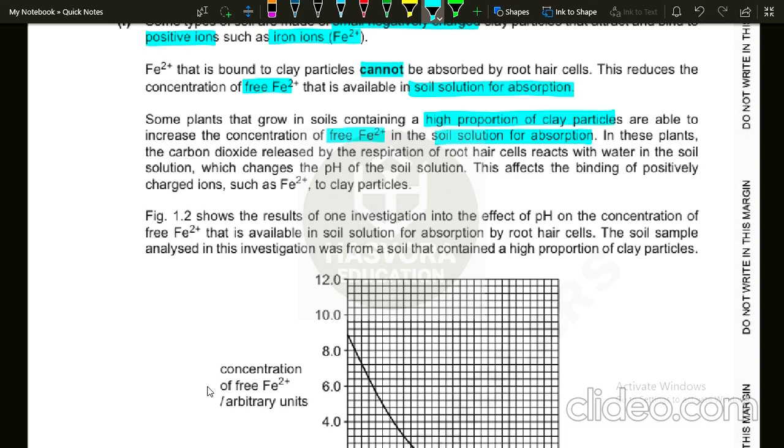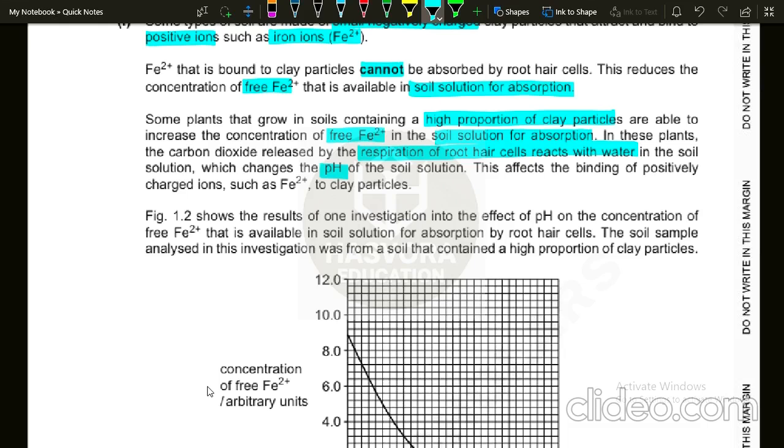So in these plants, the carbon dioxide released by the respiration of root hair cells reacts with the water in the soil solution. Okay, when this changes the pH of the soil solution, this affects the binding of the positively charged ions. So they have also linked the pH of the soil solution with the binding of the positively charged ions to the clay particles. So now they will probably be asking us about how this works. So let's read it.